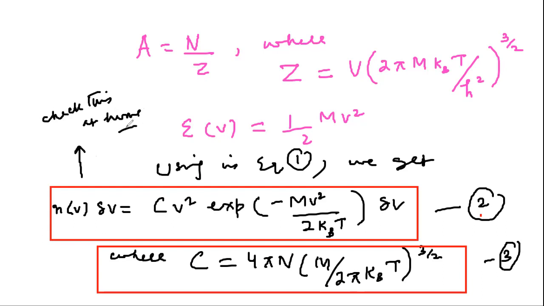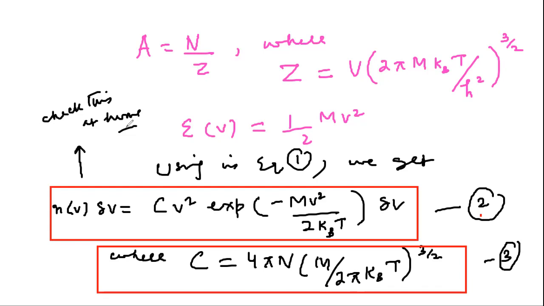So this equation 2 is the required Maxwell-Boltzmann distribution of speeds. It was originally obtained by Maxwell, and you can see this is entirely a classical result, as Planck's constant h appears nowhere in equation 2.